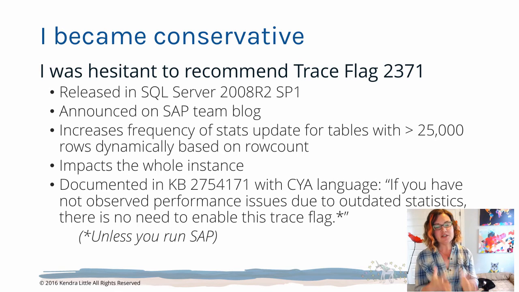Eventually a KB came out that describes it as essentially supported by Microsoft. But if you think about how SAP runs on SQL Server, these tables tend to have many, many millions of rows. And you can guess by the fact that they announced it that out-of-date statistics must have been a big pain point for them.